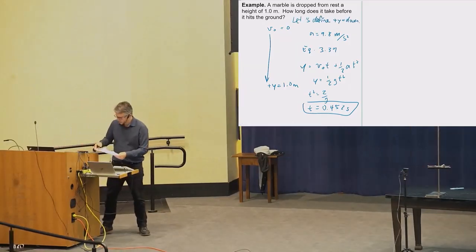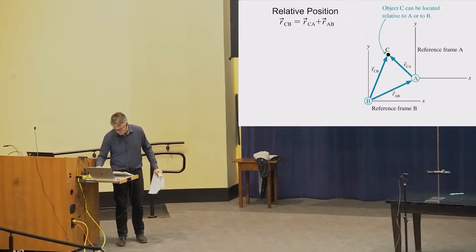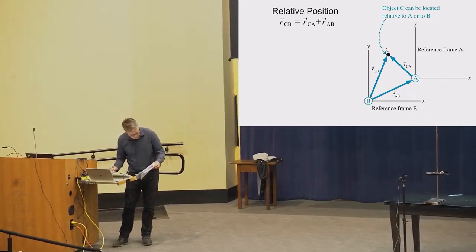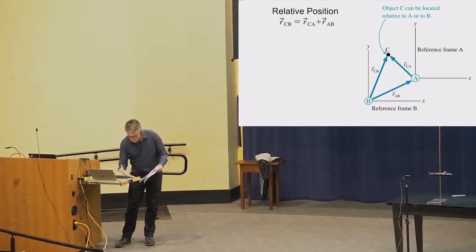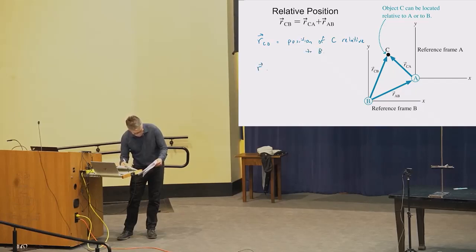Okay, so let's talk a little bit about relative motion, which is our last thing. And I'm going to start with relative position. Basic idea with relative position is that you can define RCB as like a displacement. It's the position of C relative to B. This is just this notation that I introduced in that pre-class video this morning.